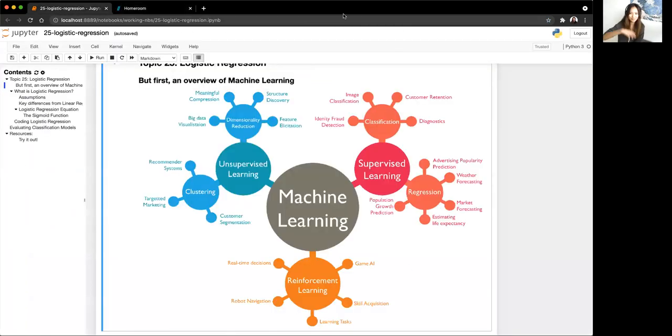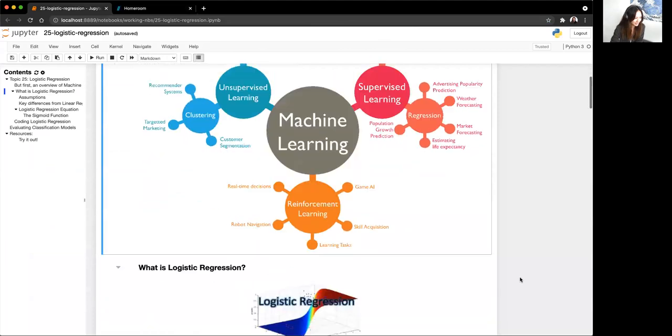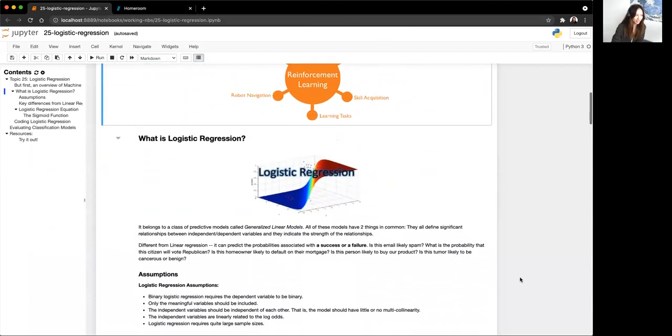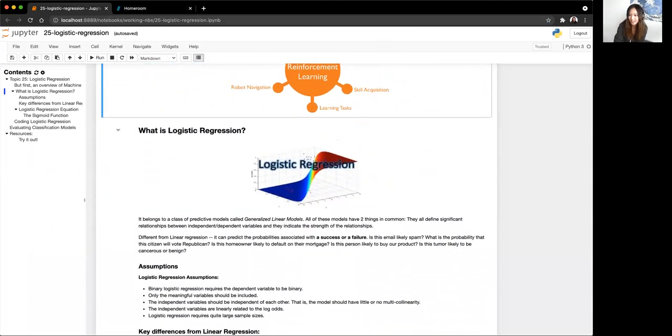Okay, so with this overview, let's start talking about classification. And the first model that we're going to hit is logistic regression. Logistic regression is kind of like a natural yet unnatural order of models. I say that because logistic regression is very, very related to what we're doing with linear regression, and has a lot of the assumptions that linear regression has, which, yes, is a natural transition into classification.